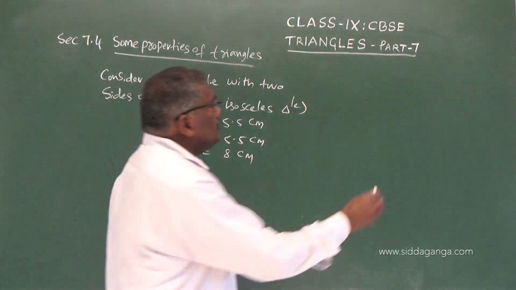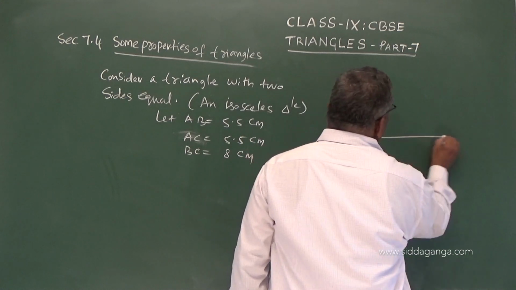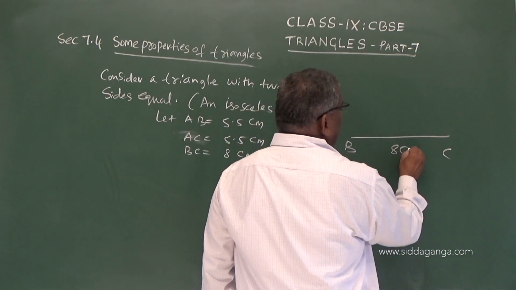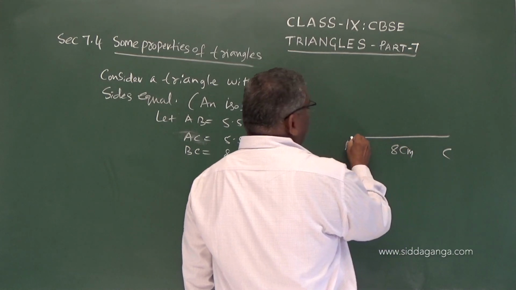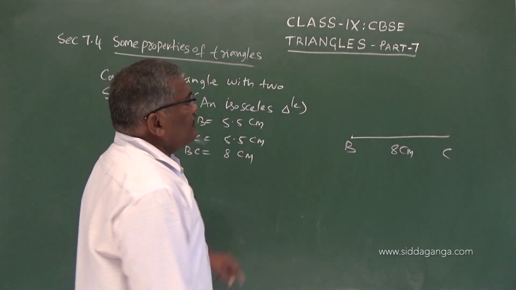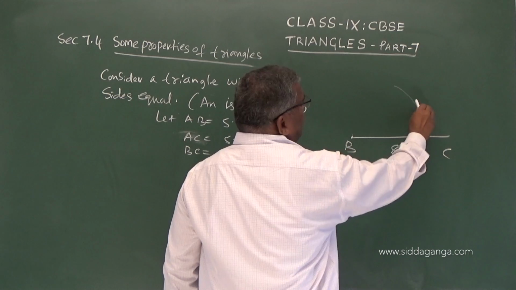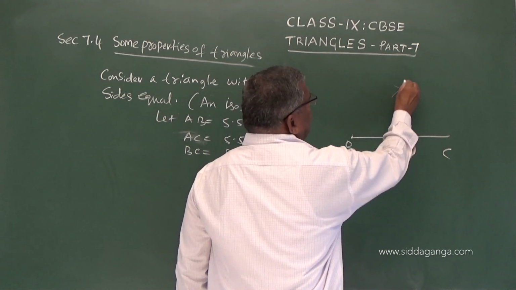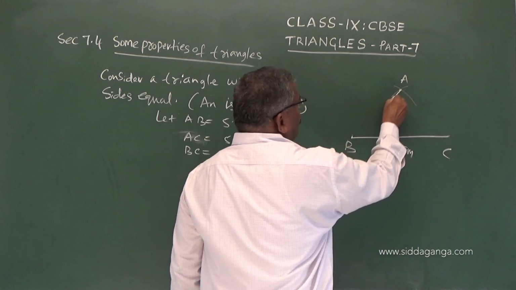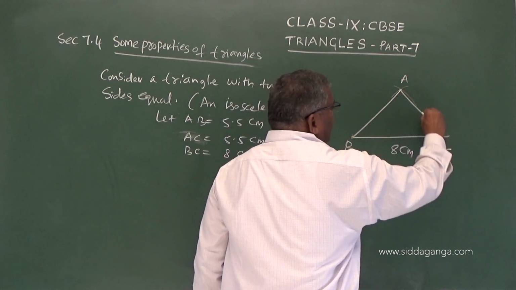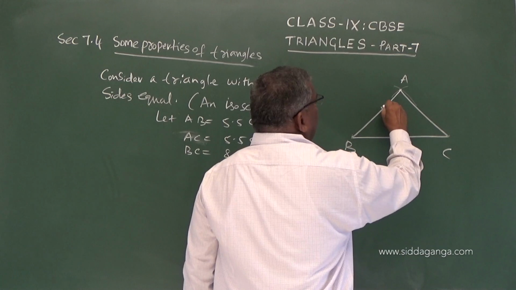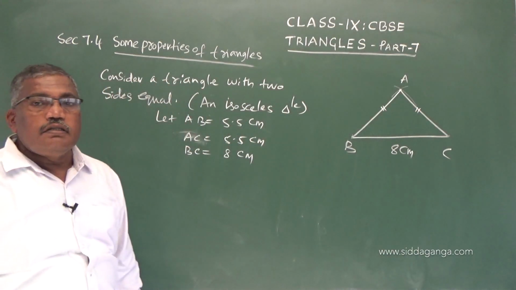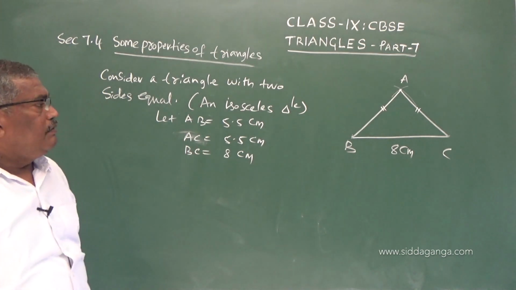If you draw this BC as 8 centimeter, with B as center you cut an arc of 5.5 centimeter, and with C you cut an arc, and this becomes A. You will join this. Now, AB will be equal to AC. So, we have constructed a triangle.